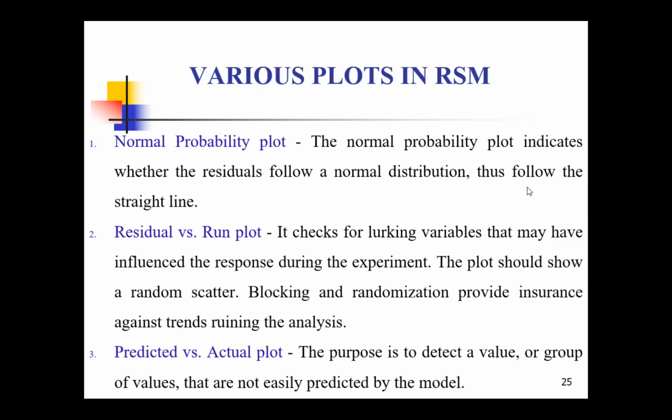We have a lower polynomial and we have a higher polynomial. In the lower polynomial, if the prediction is not close enough, that is, the difference between the predicted and the experimental values is higher, then move towards a higher polynomial, so that closeness of the experimental and the predicted value is possible.